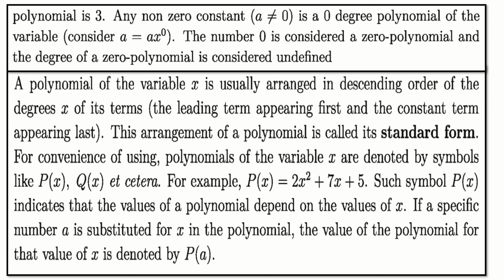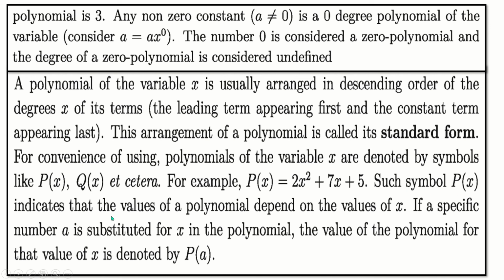This is a standard form. Here p of x is equal to 2x square plus 7x plus 5. 5 is a constant term, that is last, and first is the leading term. Here the degree of this polynomial will be 2, because 2 is the highest power of this polynomial. Clear everyone?